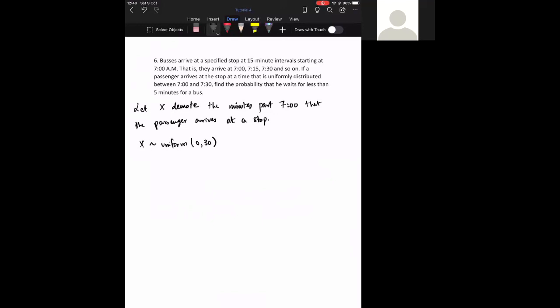That's not a random variable. Another bus is going to arrive at 7:30, so if the passenger arrives between 25 and 30 minutes, that would constitute a waiting period of less than 5 minutes. So we want the probability that the time after 7 is between 10 and 15, or between 25 and 30.